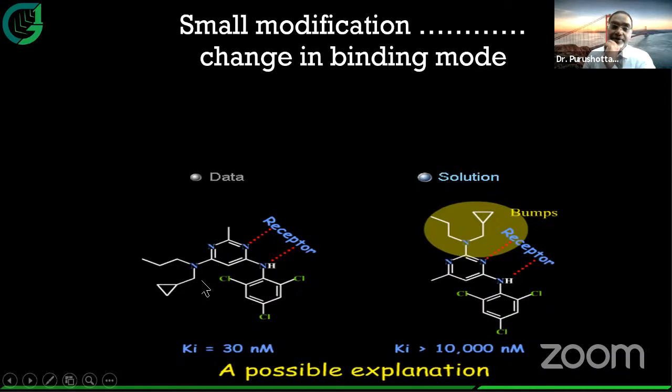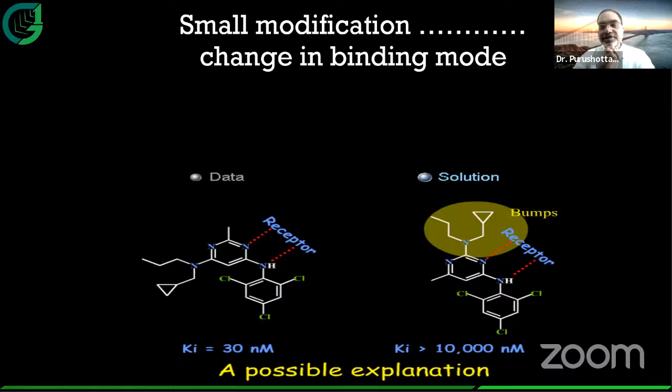We may not expect this, but it happened that molecules with a smaller modification can lose activity totally because of the configurational changes happening in the molecule because of a simple change. This example demonstrates it.